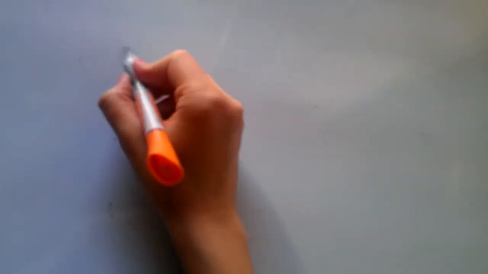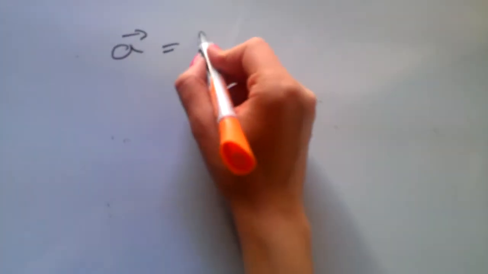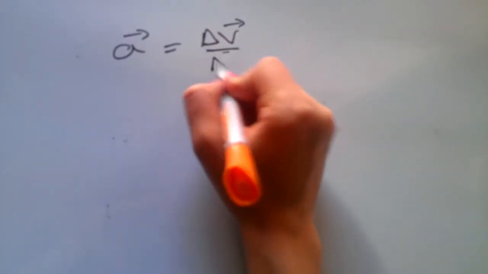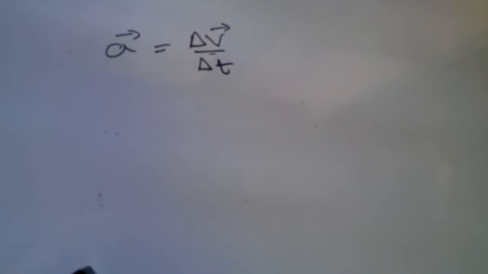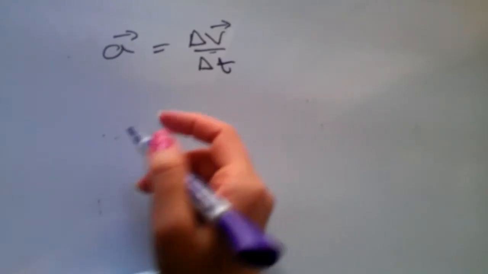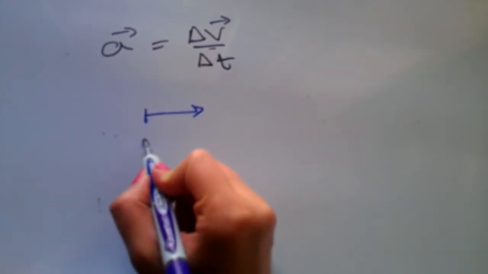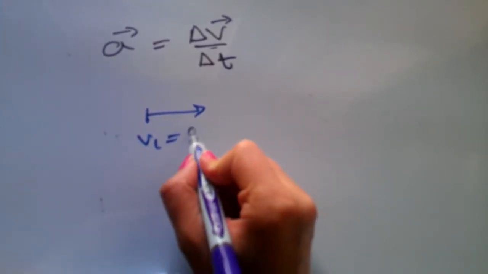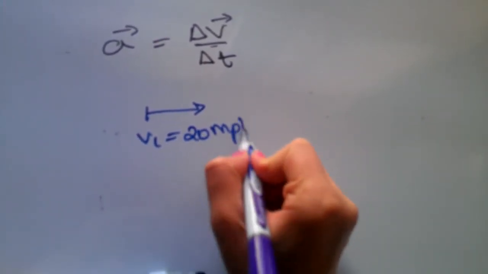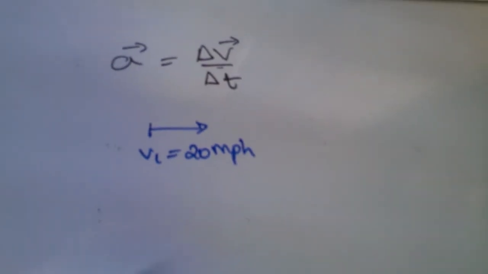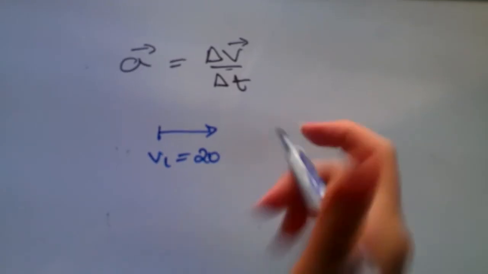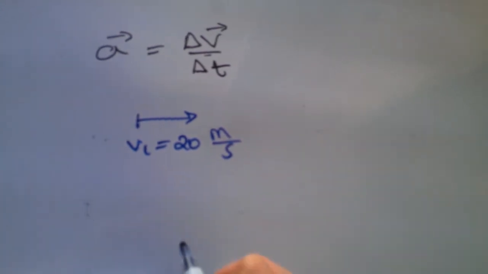Okay, so if you recall, I told you acceleration is change in velocity over change in time. Suppose your initial velocity is, let's say, 20 miles per hour. Or let's just do the SI system, meters per second.